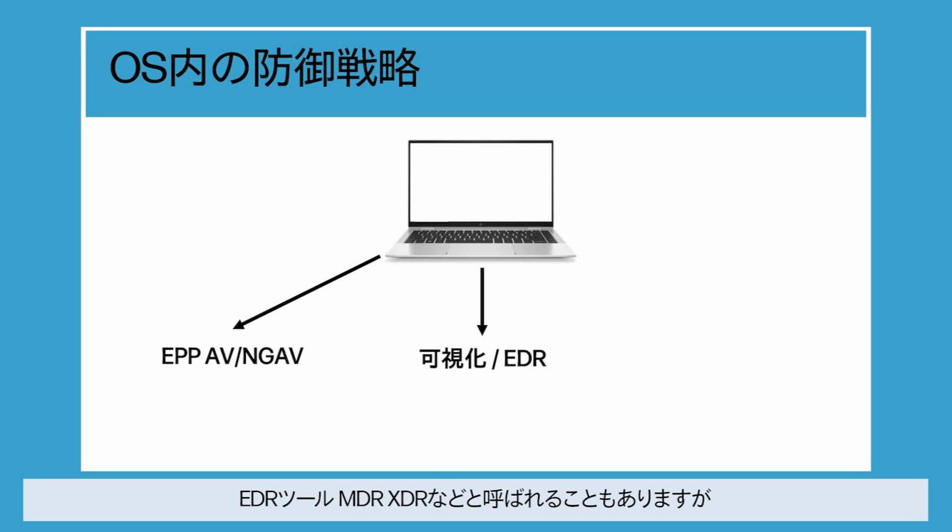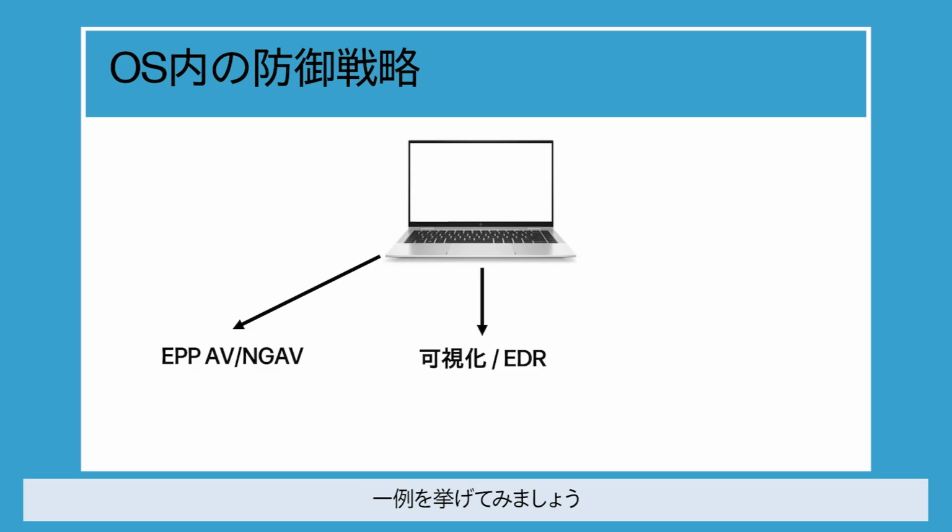These are often referred to as EDR tools, MDR, XDR. Really, it's about visibility. And why is visibility important? Because when antivirus misses a threat and allows it to run, your visibility tool can alert you to the fact that something abnormal is taking place.